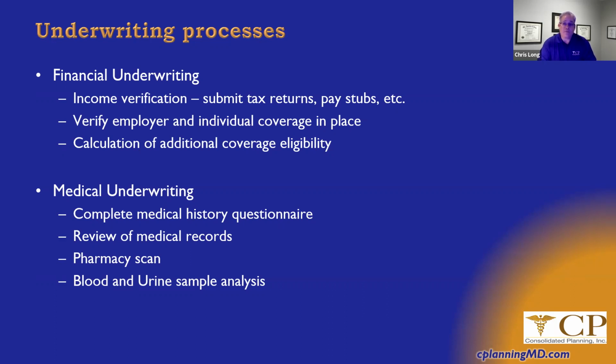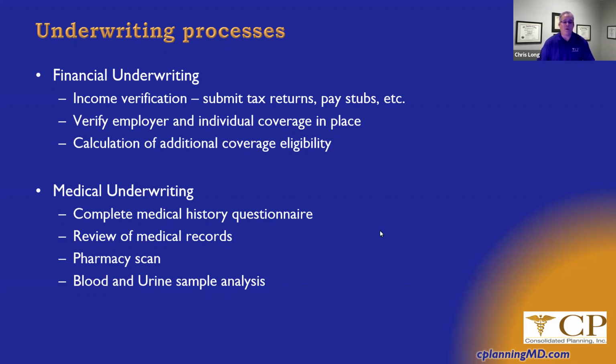And if there are doctors that turn up on that pharmacy scan that you didn't disclose, they're going to want to potentially go after records and track those down and find out what was going on when that medication was prescribed. They're typically going to request a blood and urine sample, run a full metabolic profile, and look for anything out of whack.